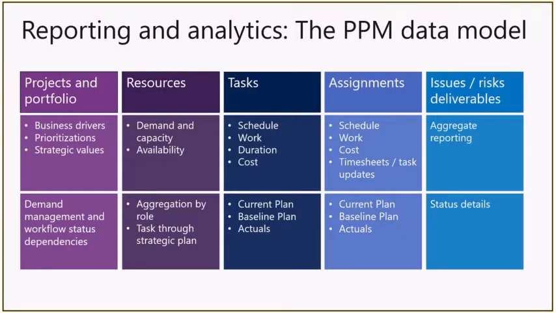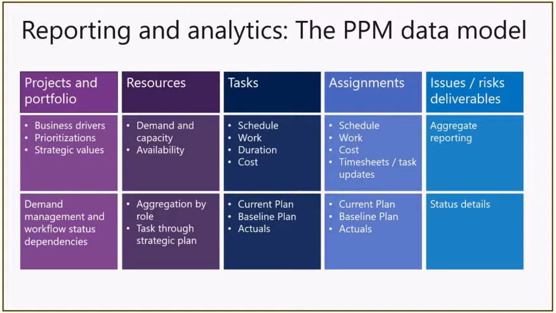Okay, so now again, in Project Online or any Microsoft Project Server system, there's a lot of data in that system. And again, looking at it from different kinds of perspectives is what's going to help you develop the right kind of reporting for you. So Microsoft likes to look at it in this view of 5 different categories, general categories of information: projects and portfolio.